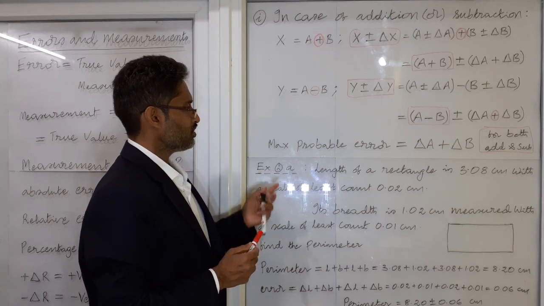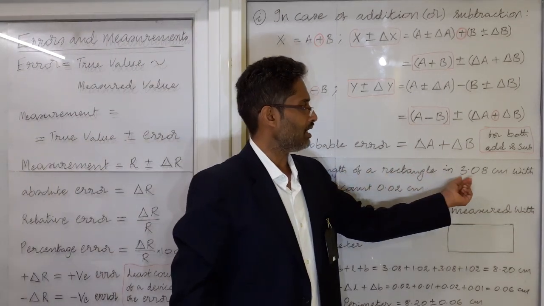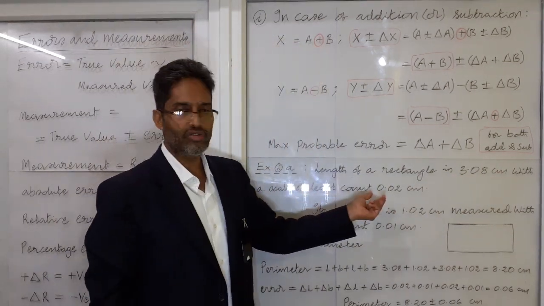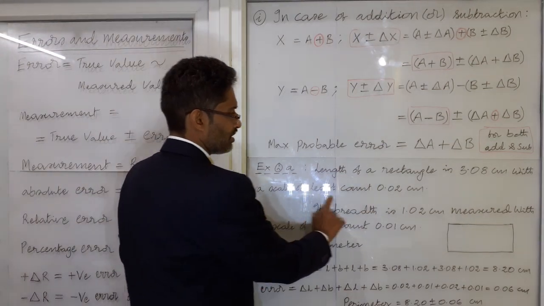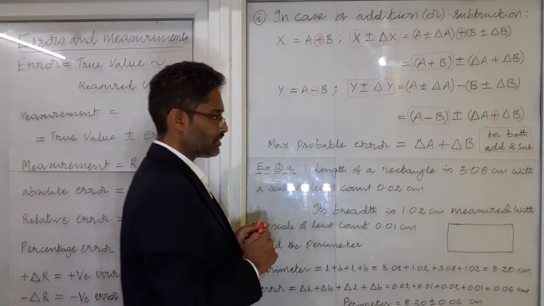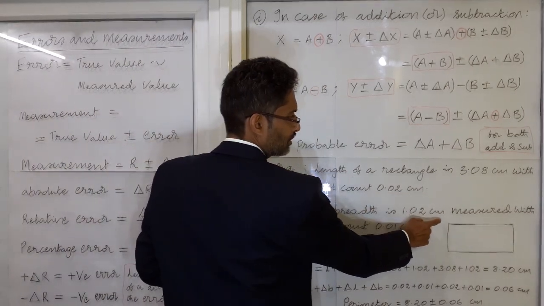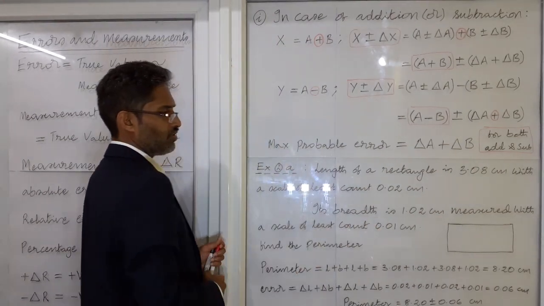Now, coming to a simple example, the length of a rectangle is measured as 3.08 centimeters with a scale of least count 0.02 centimeters, right? So the least count itself is the error in that measurement. Its breadth is measured as 1.02 centimeters with a scale of least count 0.01 centimeters.